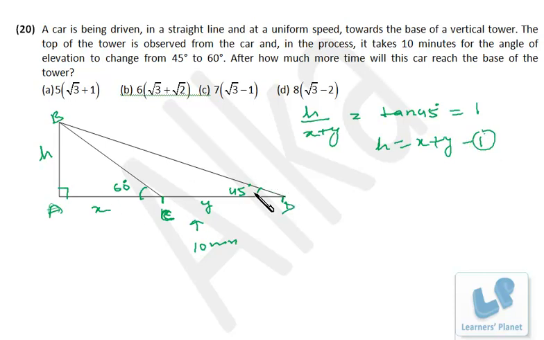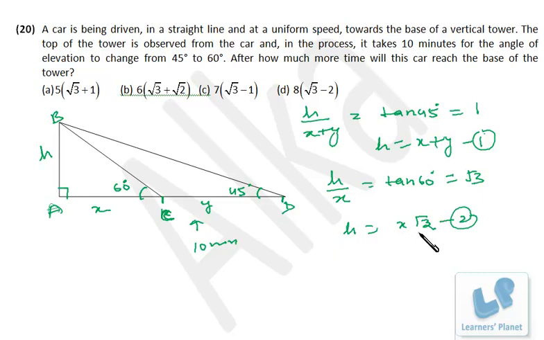Similarly, H by X from this triangle BAC, H by X is tan 60 degree, and that is root 3. So H is equal to X root 3. This is the second equation or second relation.